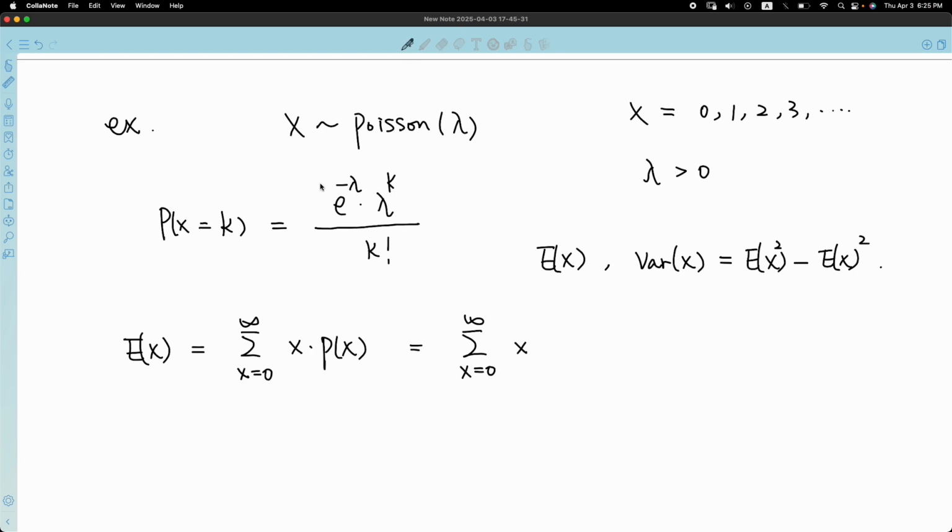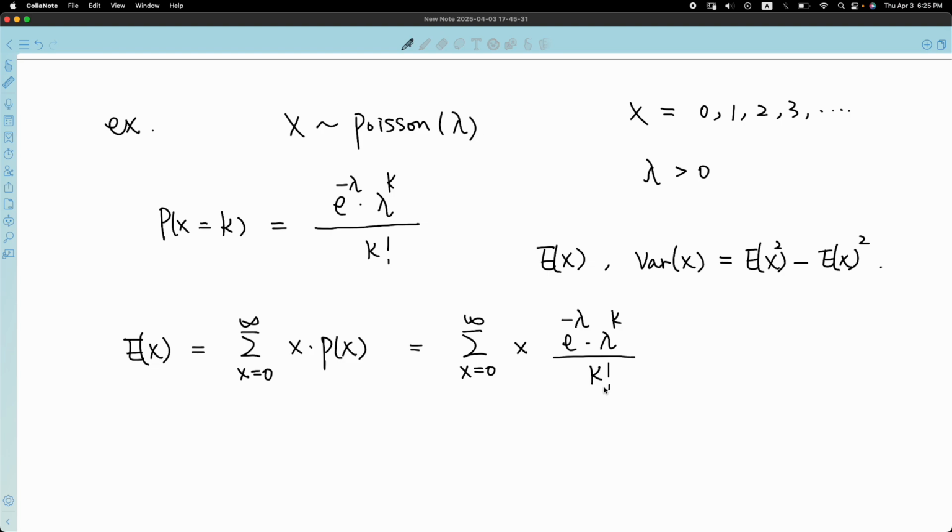And then I'm going to bring down this probability mass function to replace the p here: e to the negative lambda, lambda raised to the power of k, over k factorial. I'm just plugging the term in to calculate the expectation.